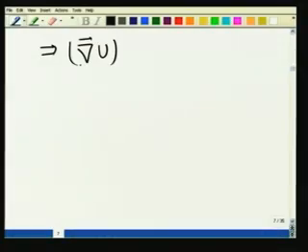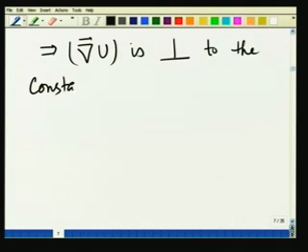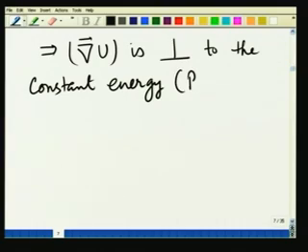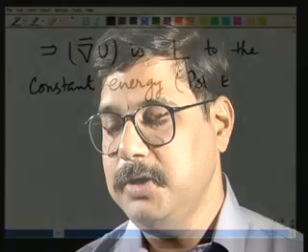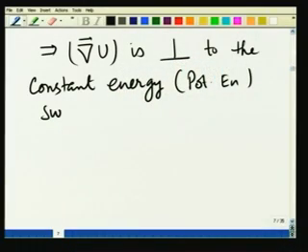All right, and this implies that gradient of u is perpendicular to the constant energy. When I say energy, I mean potential energy. So, let me be explicit, potential energy surface or contour in 2 dimensions.